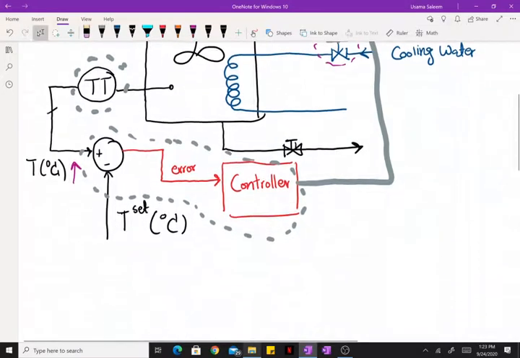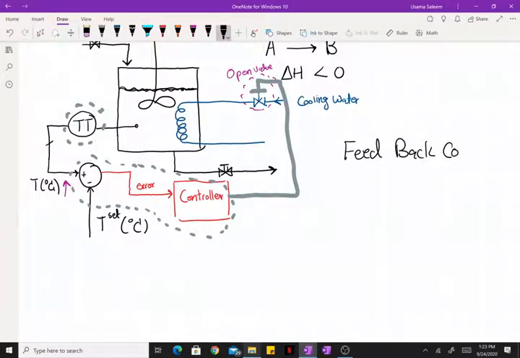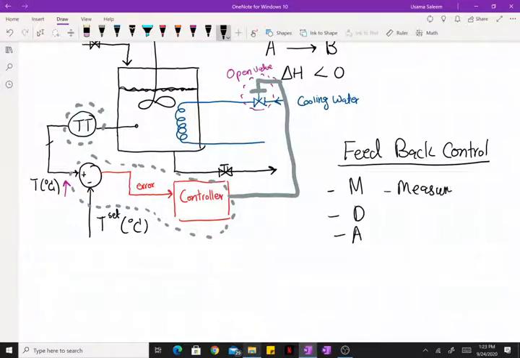What we've just done here is one of the simplest examples of feedback control. Feedback control can be summarized in three letters: M, D, A. Measure, decision, action.